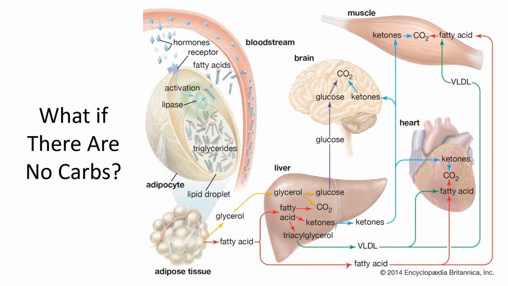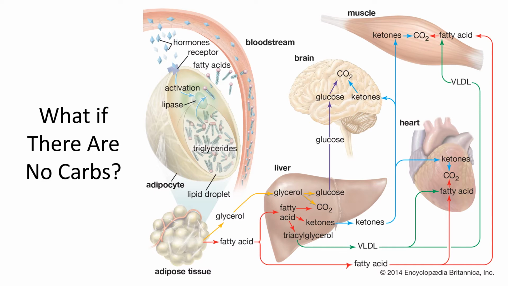The fatty acids can be converted into other forms of lipoproteins that can also carry energy through the blood. And the fatty acids themselves can travel through the blood. So the heart muscle will happily live off of ketones and fatty acids. Your muscles will happily live off of ketones and fatty acids, and even proteins and amino acids.